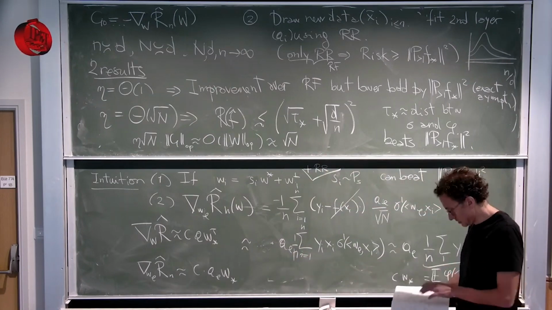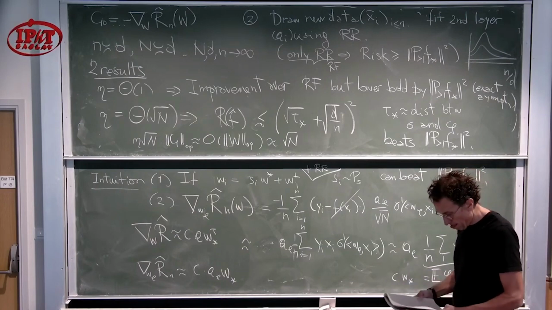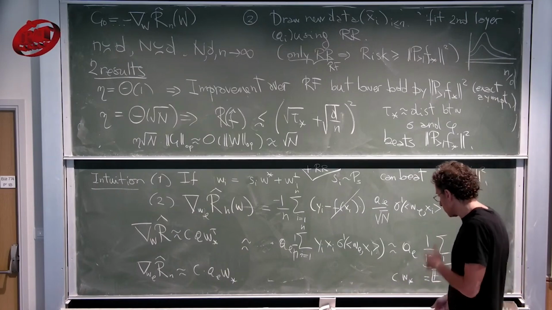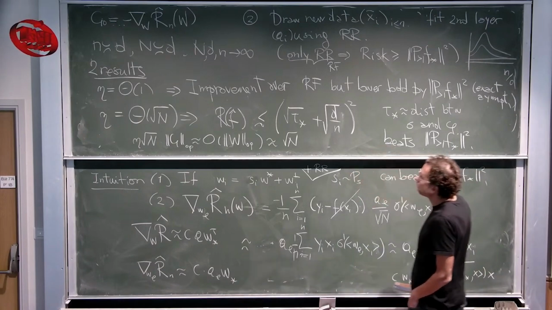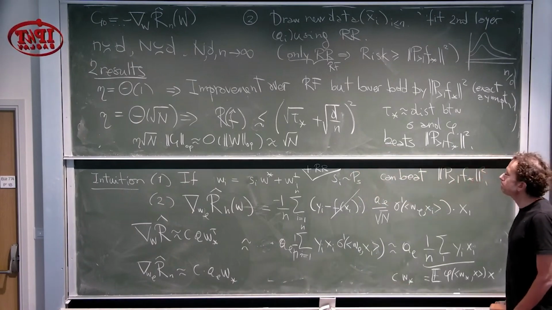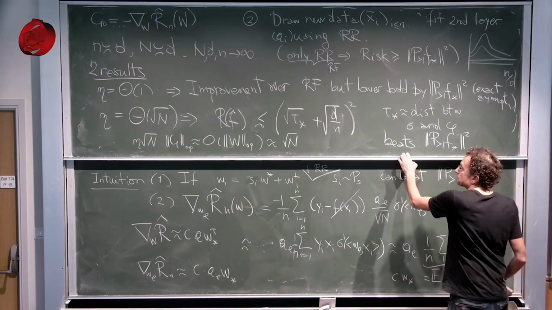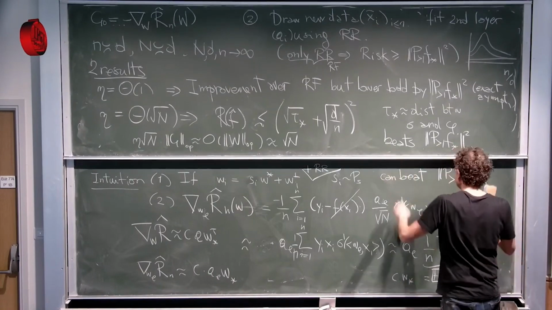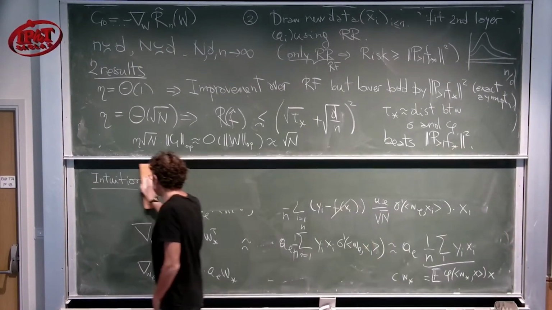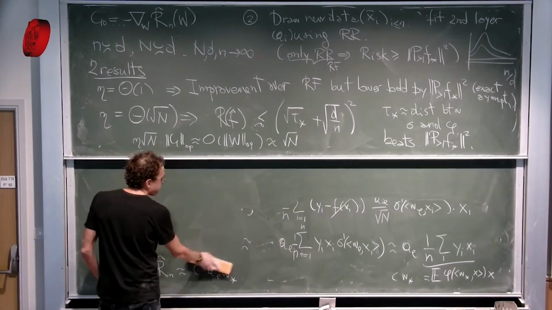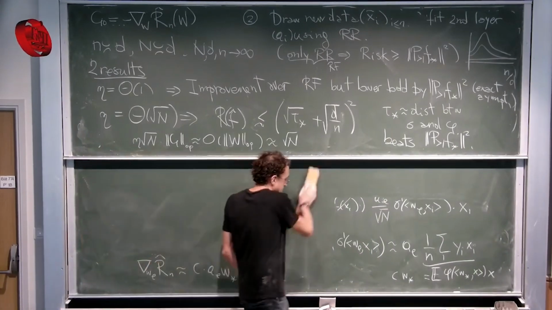I think it's nice because it really explains this. It's some simple case in which you get feature learning very quickly, and this can happen very quickly. An interesting fact.